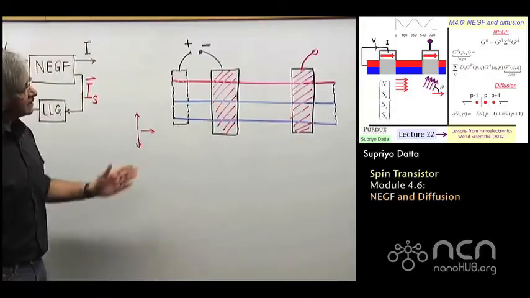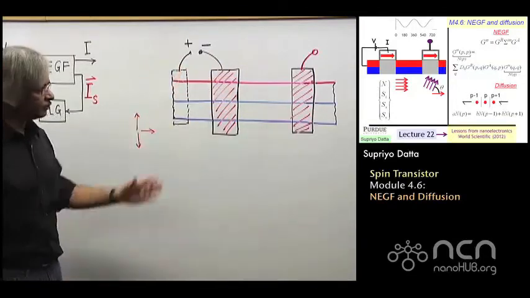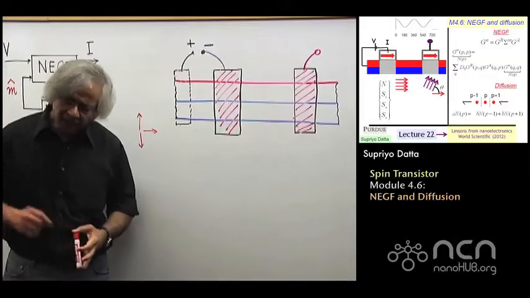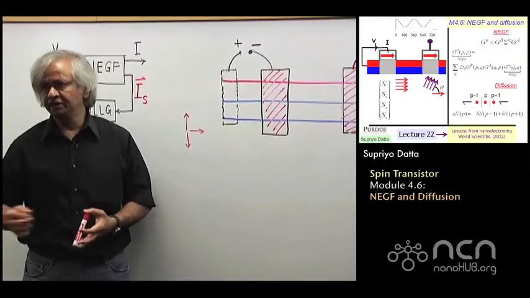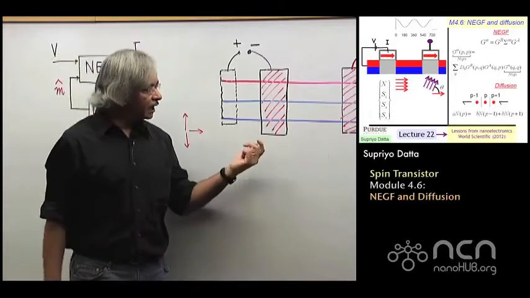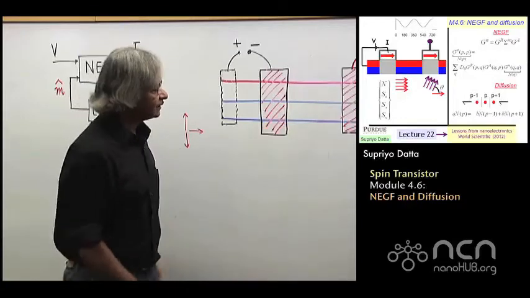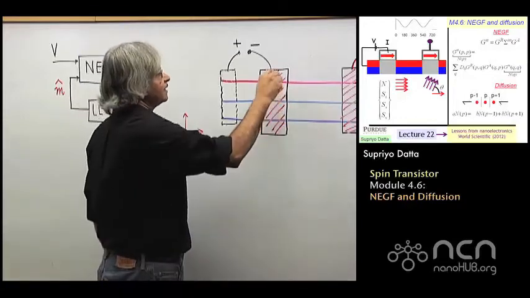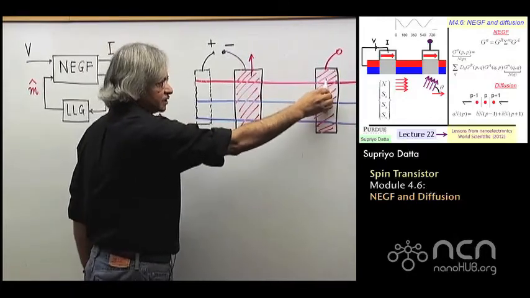And this is the part where we discussed how you could use NEGF to model these. And one of the interesting problems that I went over in a little more detail in the tutorials, which you should also look at, is that there are now experiments showing that, let's say this magnet is in a certain direction, and you can measure the potential with this magnet.